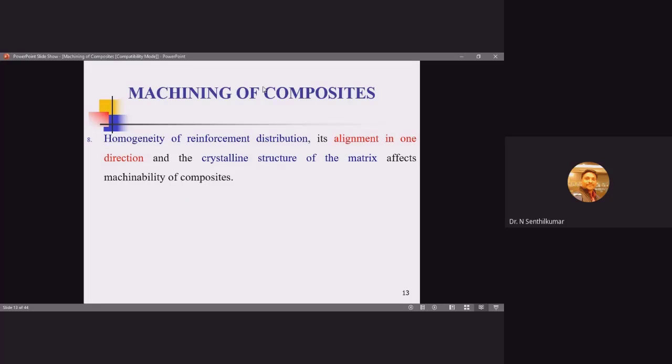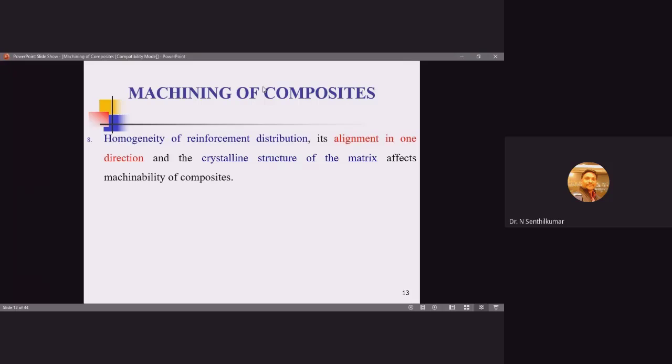A very important aspect that we see again and again is the distribution of the reinforcement particles. That is, uniform distribution, homogeneity in the distribution of reinforcement phases, and its alignment, whether it is aligned in all directions or in one direction. That will have a great effect. This is related to fibers.